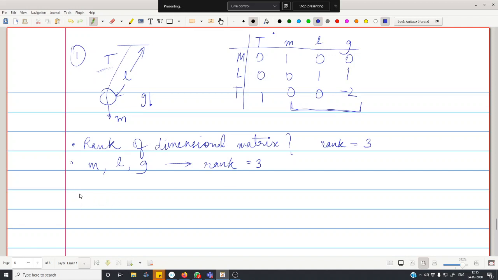So the number of terms is 4 and the rank is 3. So the number of pi terms will be only 1. So 4 minus 3, only 1 term.